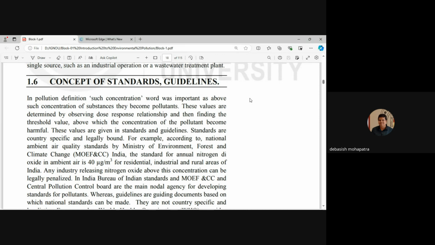In the same way, in India, the Bureau of Indian Standards, MOEF and CC, and the Central Pollution Control Board are the main nodal agencies for developing standards for pollution.